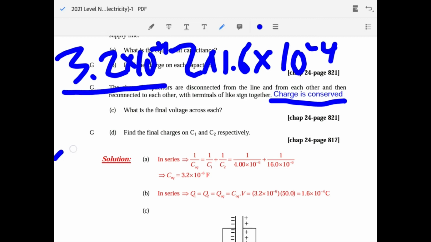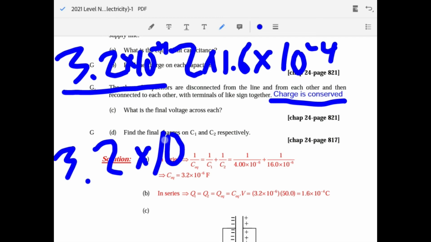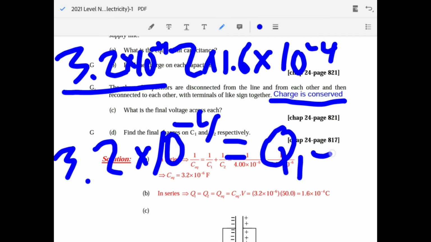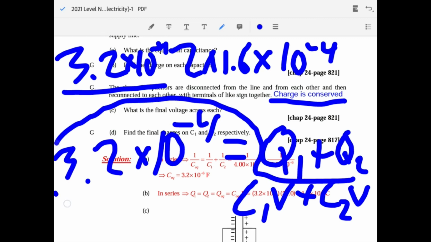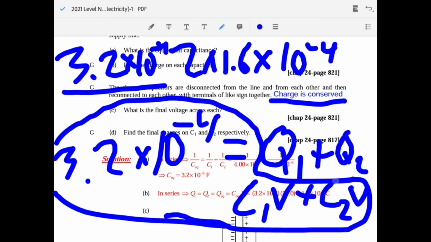So this total charge, 3.2 times 10 power minus 4, is equal to Q1 plus Q2, which is equal to C1 V. Since it's parallel, it has the same voltage, plus C2 V. And C1 and C2, you get it from the given above, and voltage is the same. It's not a constant, it's a variable that you have to find.